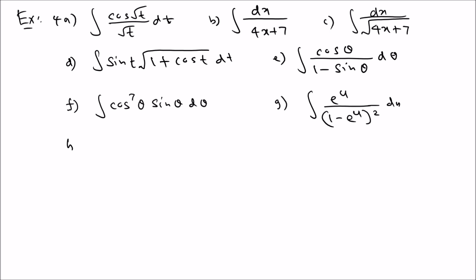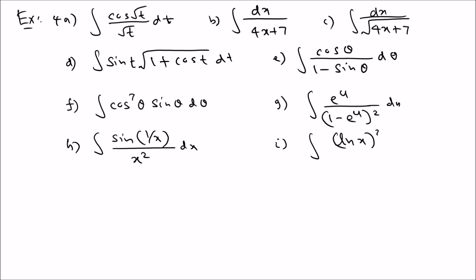Let's do H: sine of 1 over x, over x squared, dx. I: ln x, whole thing squared, over x dx.